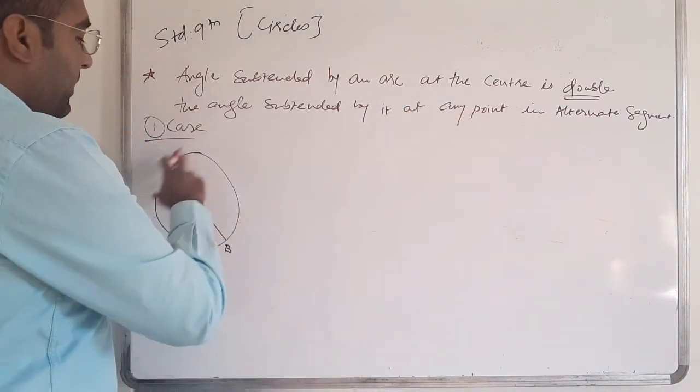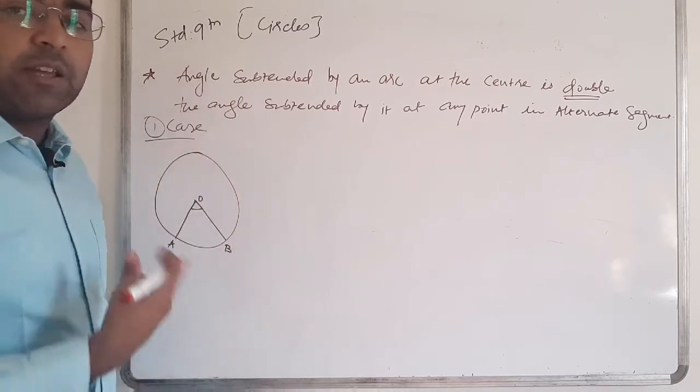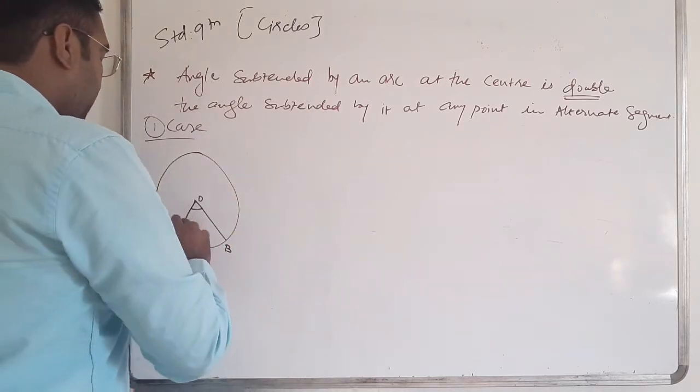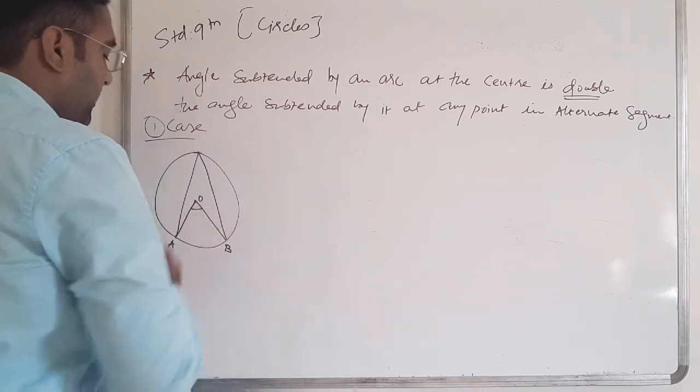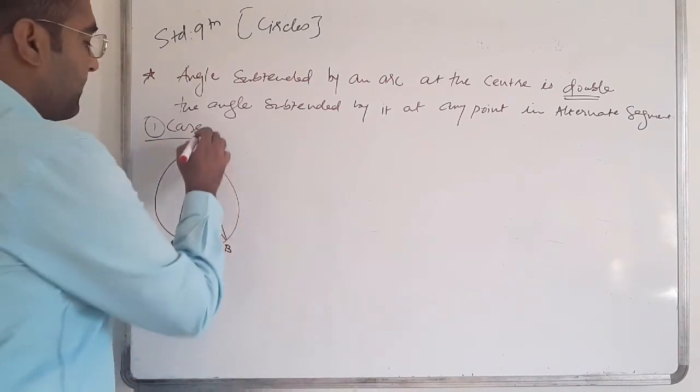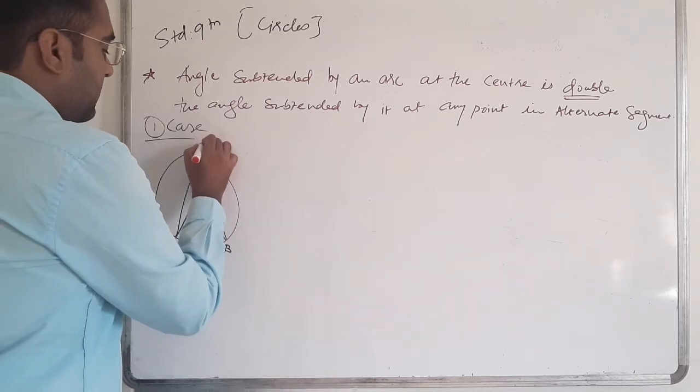That means at any point of the remaining part of the circle, like here. I'll give the name C.